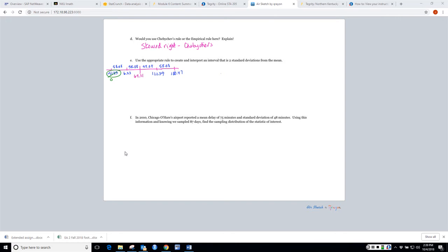So then as I'm interpreting this, for Chebyshev's rule, we know that 75% or more of the delayed flights at Chicago's O'Hare Airport are, now a lot of times we say between here, but since the smallest delay length could be 0, I don't really need to say between 0.